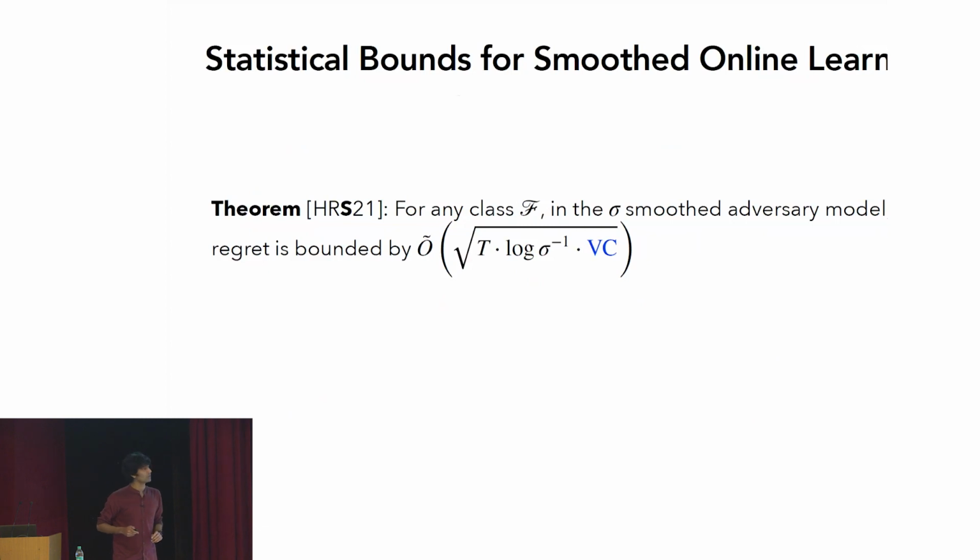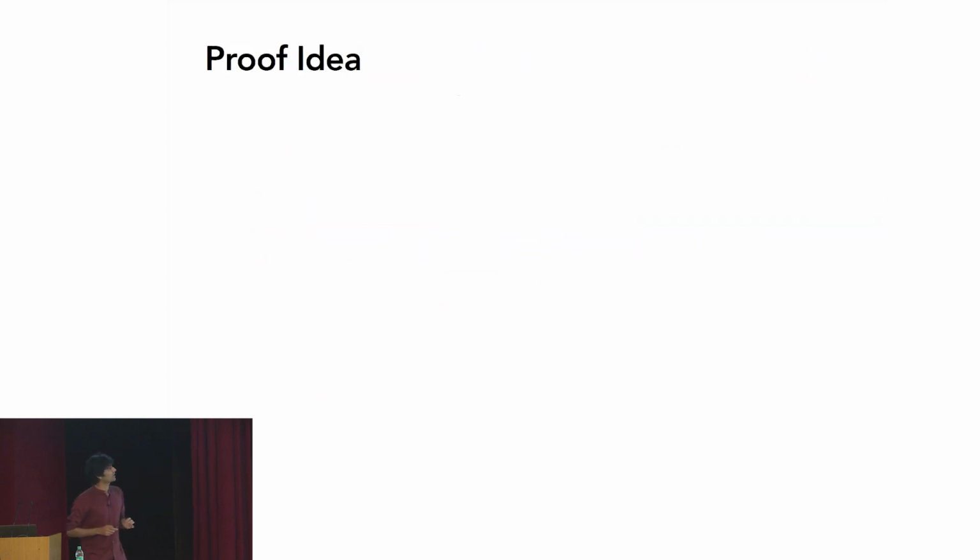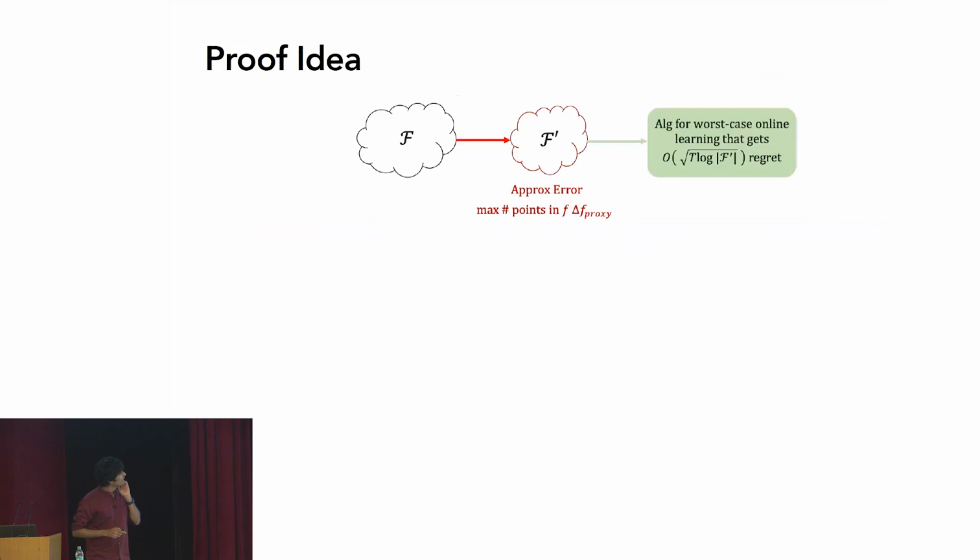Are there any questions about the bound? I'll quickly go over how to prove this. In your head, you should always think of F as being infinite, because that's where VC dimension becomes interesting. Otherwise, you could always apply a union bound.